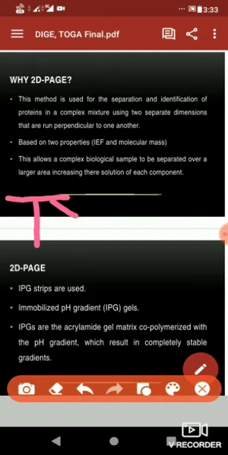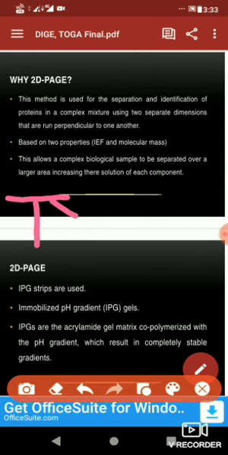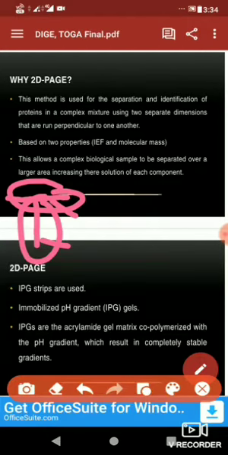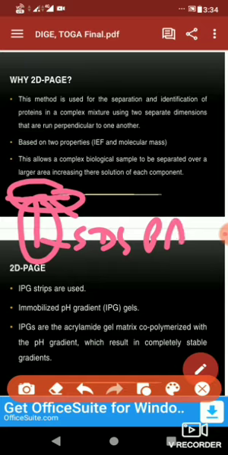This one is based on the isoelectric point. That is why IEF. IEF stands for isoelectric focusing or isoelectric point. And this one will be separated based on the molecular mass. So this is called IEF, and this one is your normal SDS PAGE.